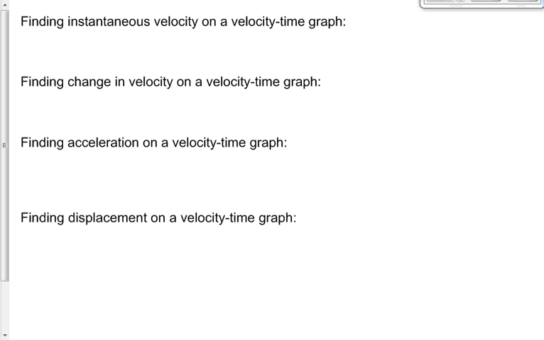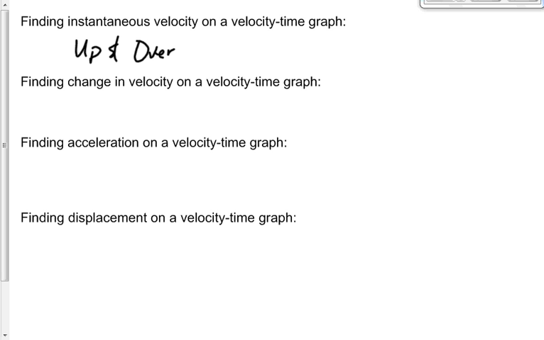All right, how are we going to find some different things on these velocity time graphs? How are we going to calculate some things, like we did with those position time graphs? Well, on a position time graph, we could find the position by going up and over. On a velocity time graph, if we want to find the velocity, we're going to go up and over.